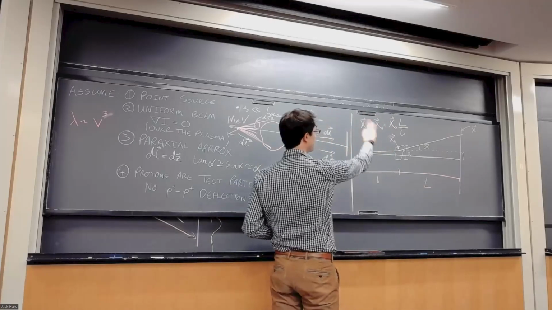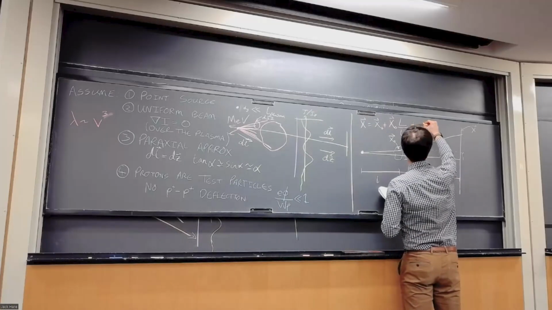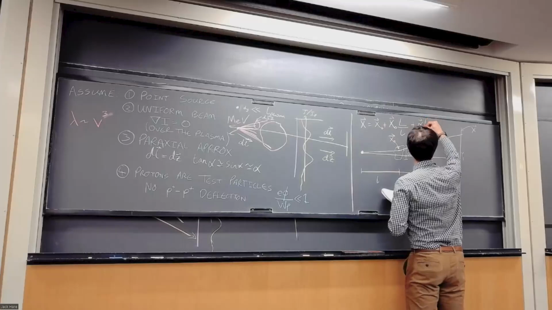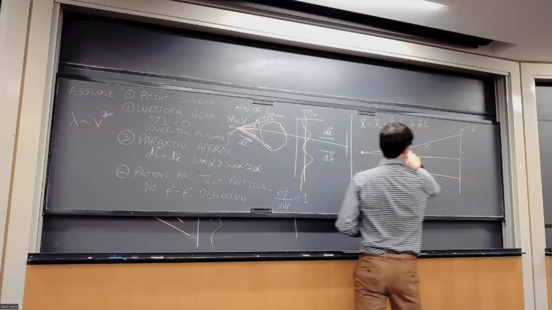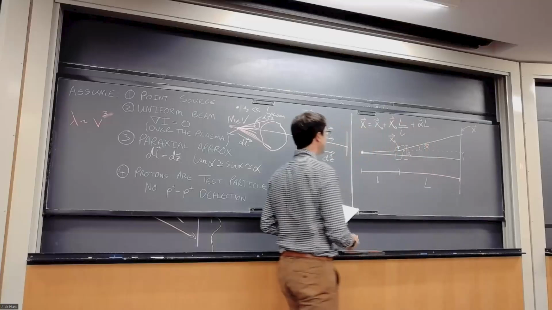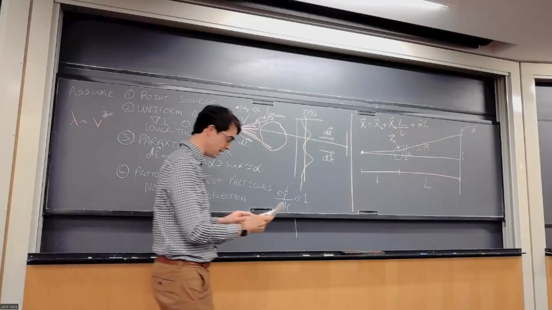So far, this is just what you get without any plasma. But when you put the plasma in, of course, you get some deflection, alpha, and that alpha is multiplied by the distance between the plasma and the detector here. So again, this is just geometry. There's nothing to do with plasmas or protons or anything in there.